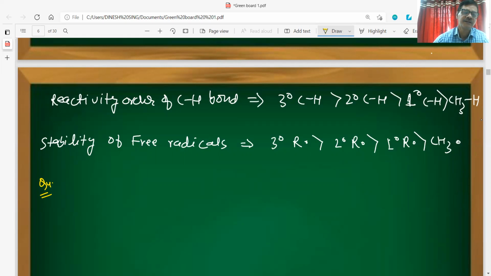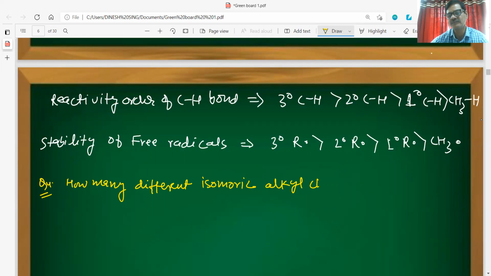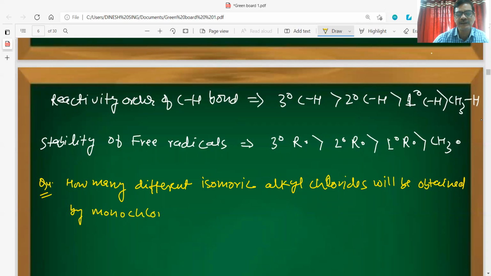That is, how many different isomeric alkyl chlorides will be obtained by monochlorination of isopentane?